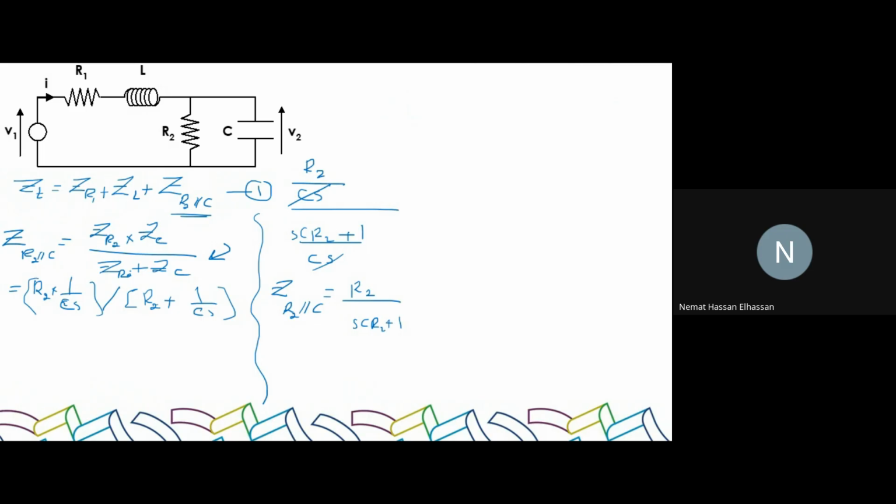I'm going to call this equation 2, and substitute 2 in 1. So this is what I'll do next. Substitute 2 in 1, which tells us that Z total is equal to ZR1, which is R1, plus ZL, which is SL, plus ZR2 parallel to C, which is R2 over SCR2 plus 1.